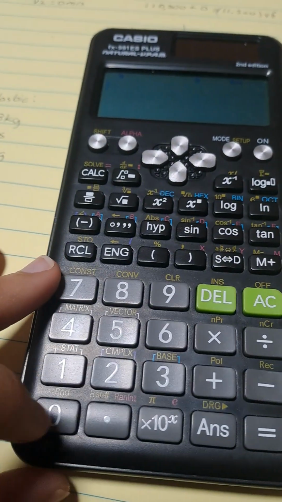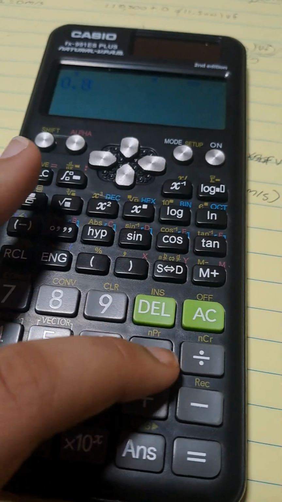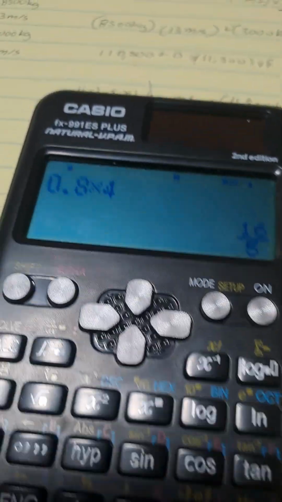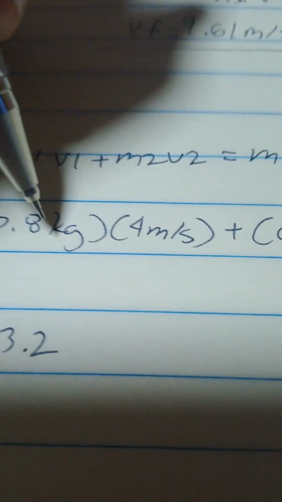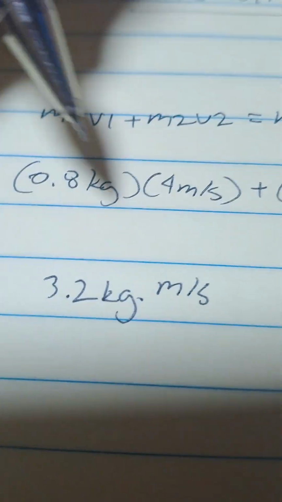So 0.8 multiplied by 4 is 3.2. Whenever you multiply kilogram by meter per second, you're left with kilogram meter per second. That's how you write it.